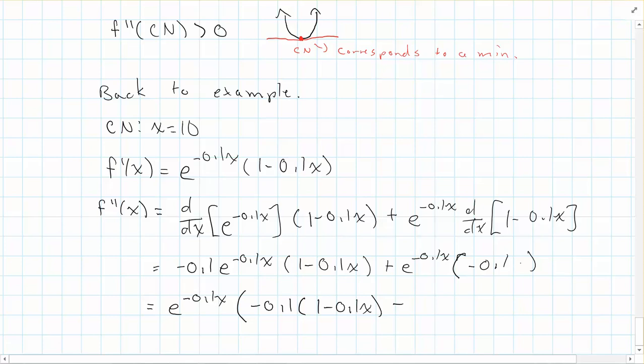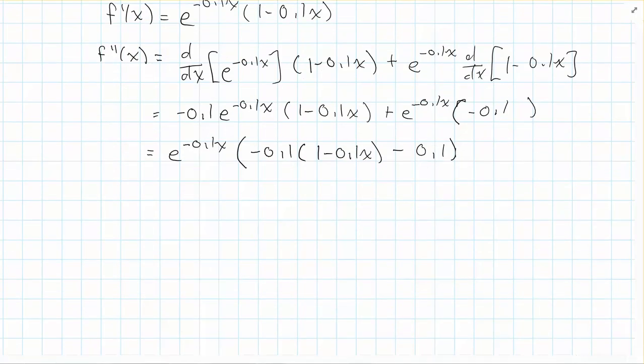So then this would be minus 0.1. And then simplifying this out just a bit more, we'd get negative 0.2 minus 0.01x. So that's my second derivative.